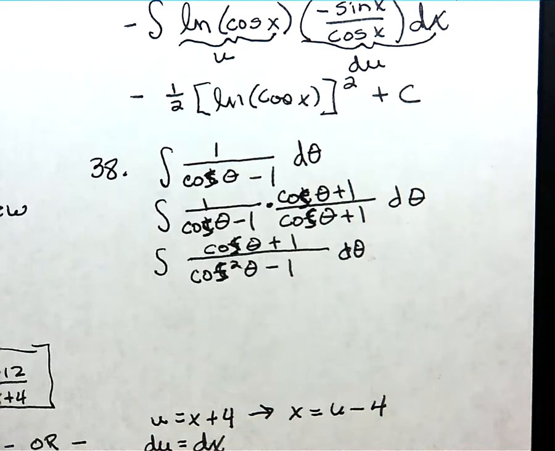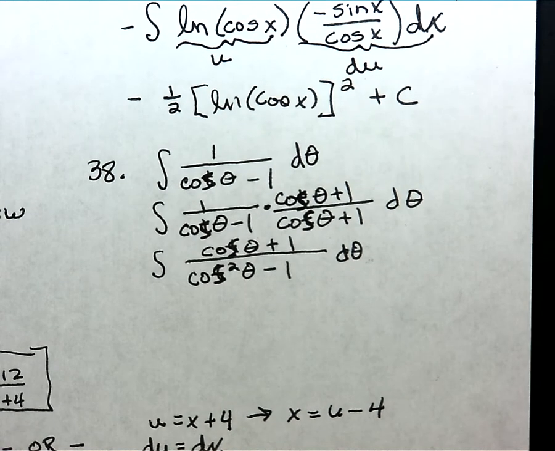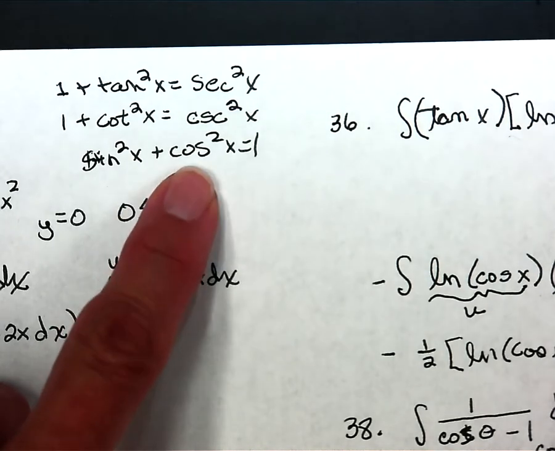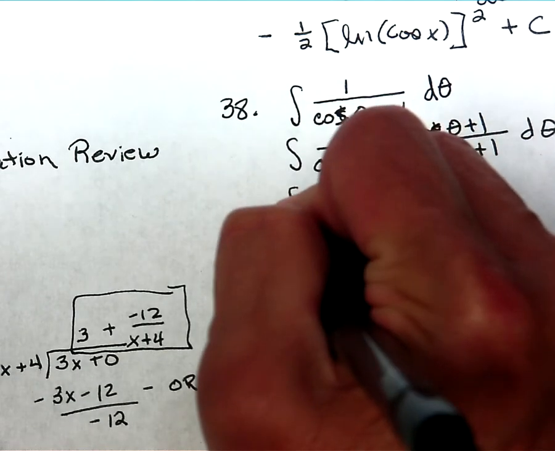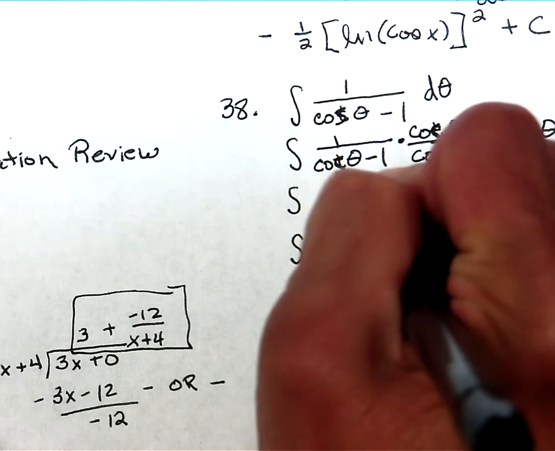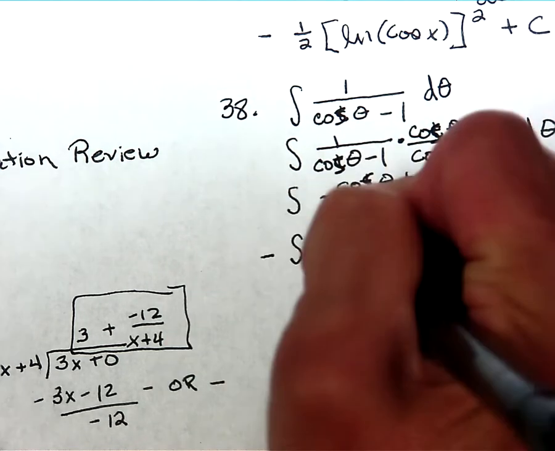So cosine squared minus 1, is it positive 1 or negative 1? I mean, is it positive sign or negative sign? Yeah. If sine squared plus cosine squared is 1, then cosine squared minus 1 is negative sine squared. I'm just going to put my negative out front.